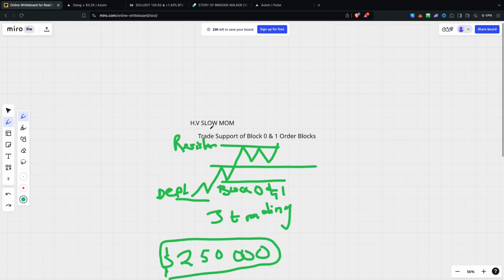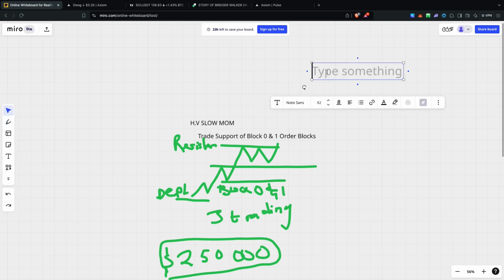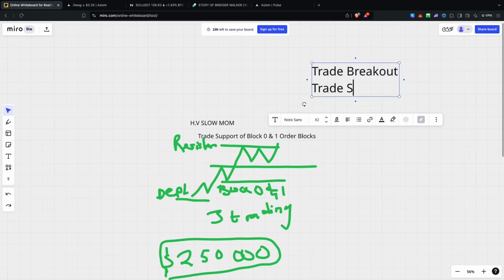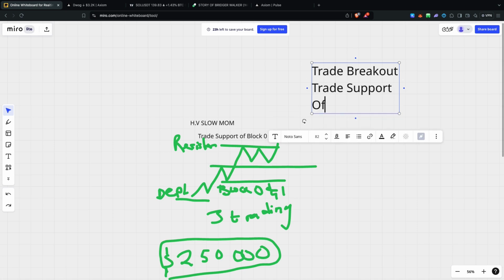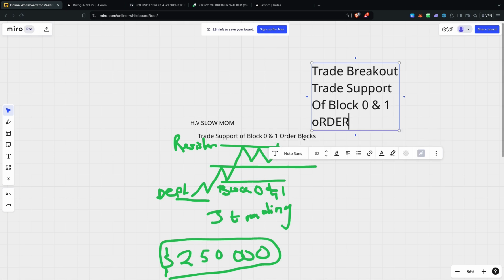When it comes to high volume, slow momentum, there are two types of trades that you can make. You can either trade the breakout or trade support. On my analysis, trade support of block 0 and block 1 order block.